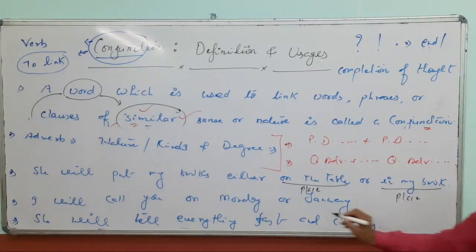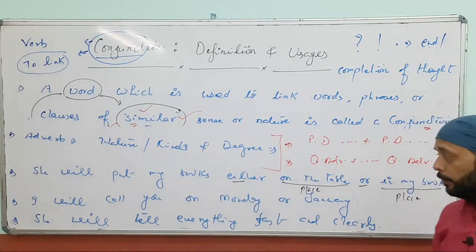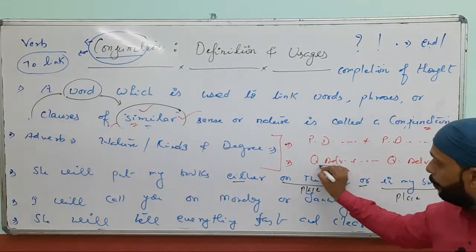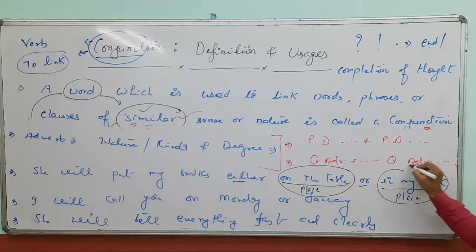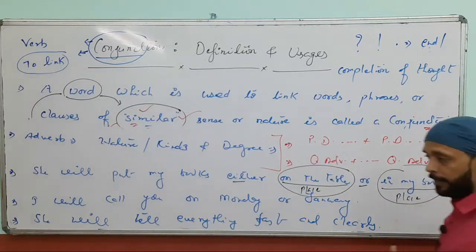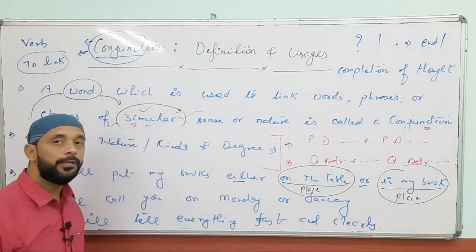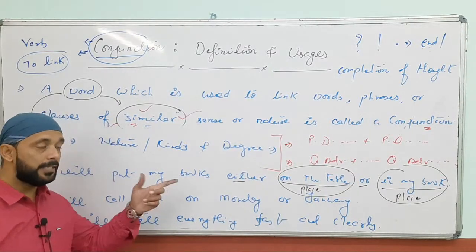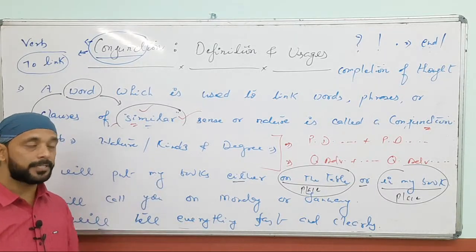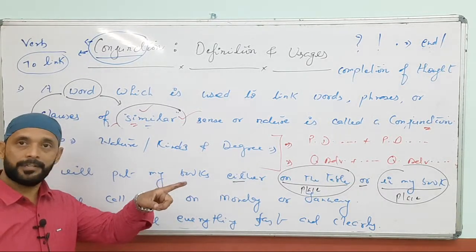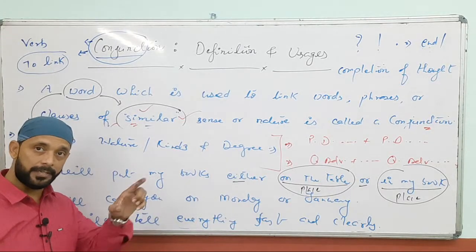So the conjunctions either or have been used to link two phrases showing adverb of place. So that is similar, same natured, adverb of place, adverb of place. Phrase and phrase, not clause and clause, not clause and phrase, phrase and phrase.